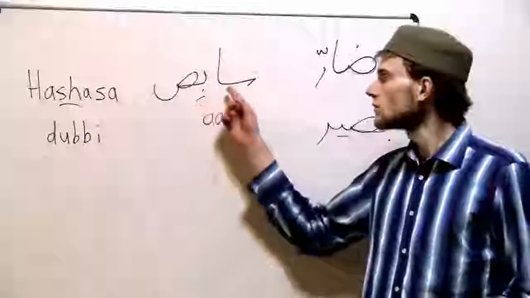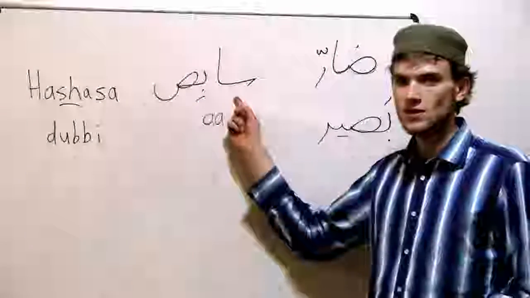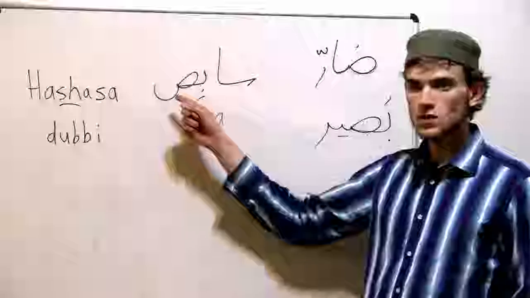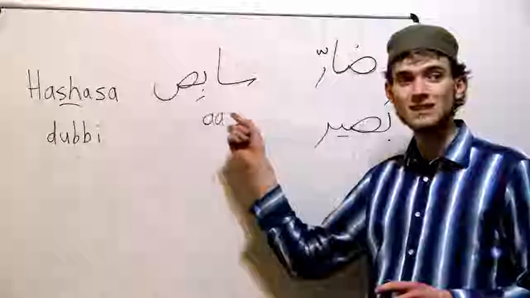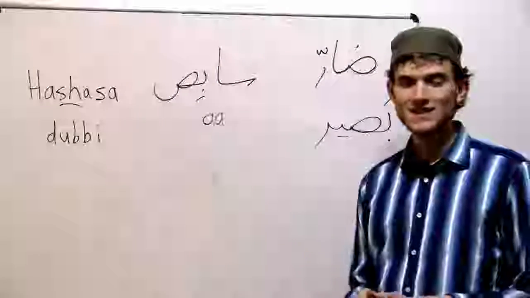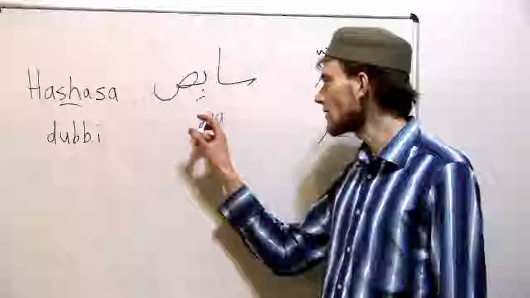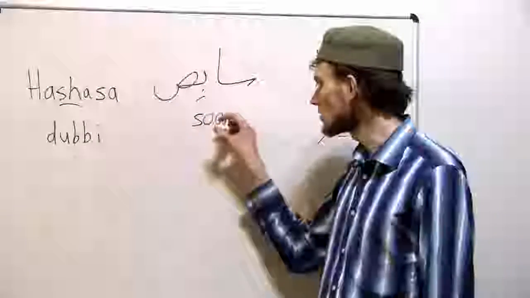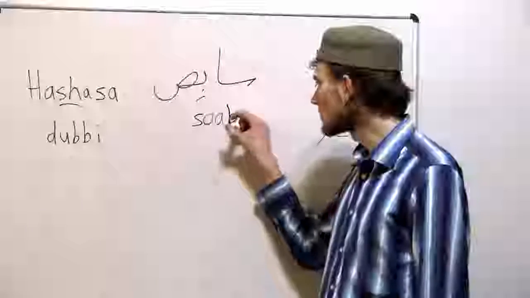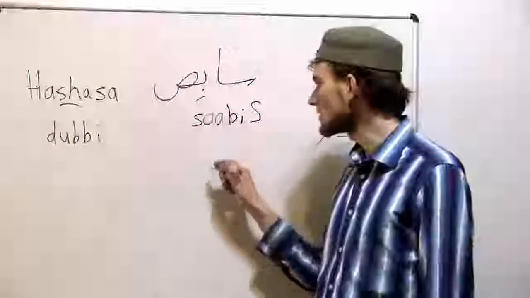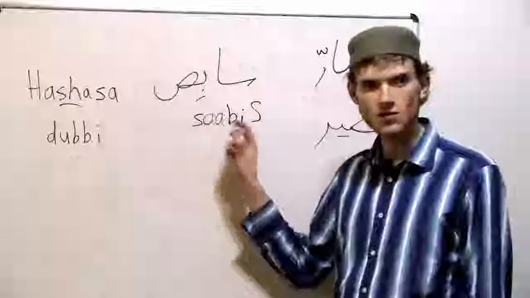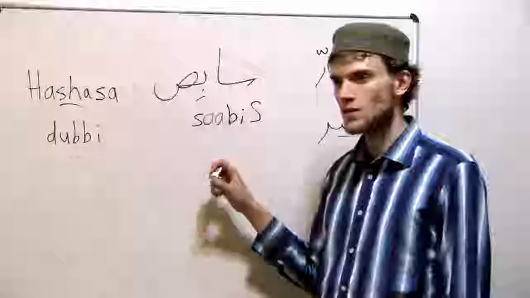Anyway, but this one is a lot more clear because it comes after the seen. So it's not sabis, but sabis. So if we were to write this out in English transliteration, we'd see that we have basically two different S's, one at the beginning, one at the end, right?